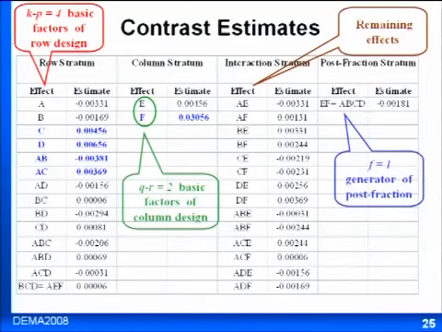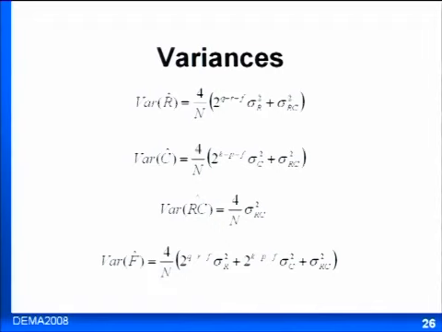And each stratum has its own variance. And here are the expressions for each variance. So I'm calling variance for all the effects that are associated with the row, the effects associated with the column, the interaction, and the post-fraction. So these are the expressions for each variance.